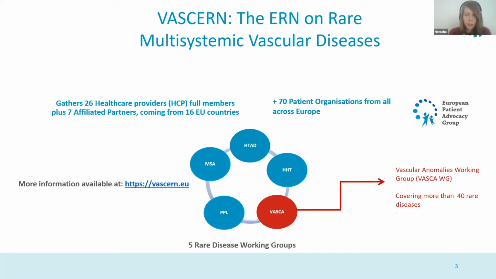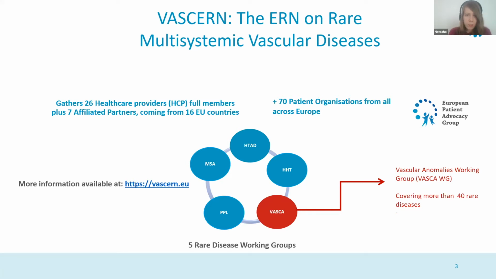We're also gathering more than 70 patient organizations from all across Europe, and they are part of the European Patient Advocacy Group, or EPAG, who collaborate and are members to representatives in each of our 5 rare disease working groups.